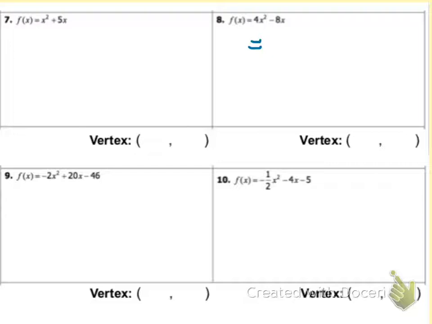So I want to get rid of that 4. Basically what I'm trying to say is I want to always start off my perfect square trinomials with just x squared. So I'm going to factor that 4 out, and that's going to leave me with x squared minus 2x. Okay, so remember I have f of x over here. And so then I've got to figure out what's going to make this a perfect square trinomial.